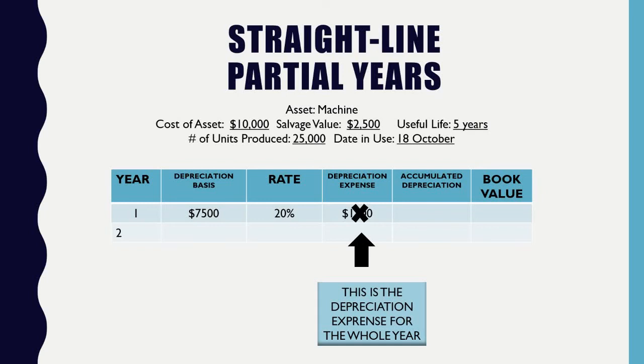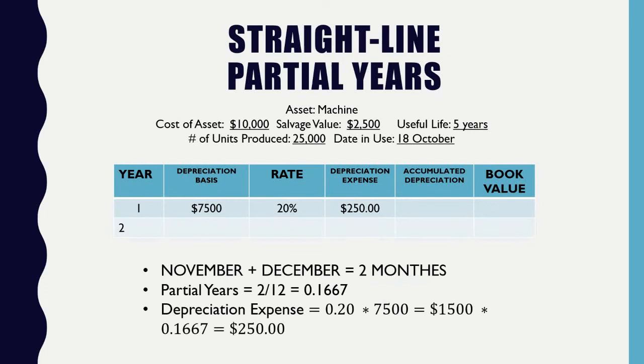Okay, so in this case, I'm going to take my 1,500 and figure out how much the asset is actually for the first year. So it's going to be 2 divided by 12, right? Which is 0.166667, also known as 1/6.